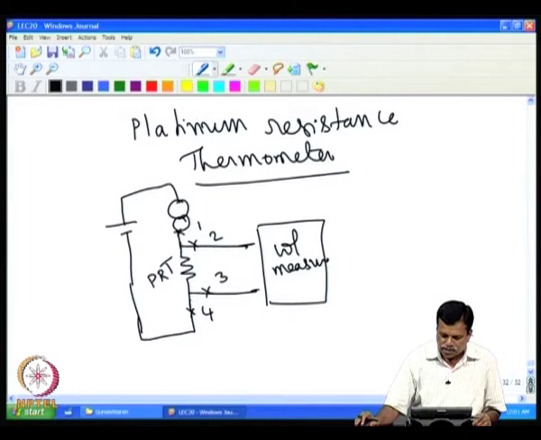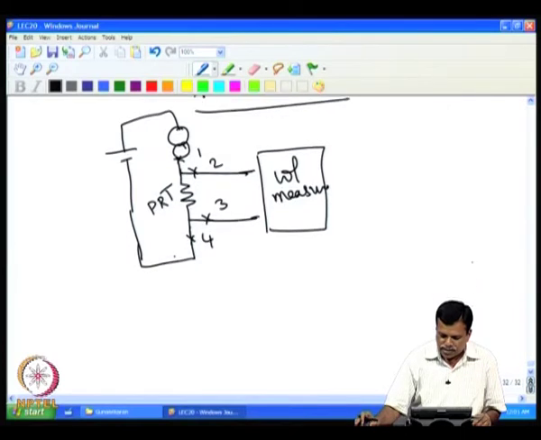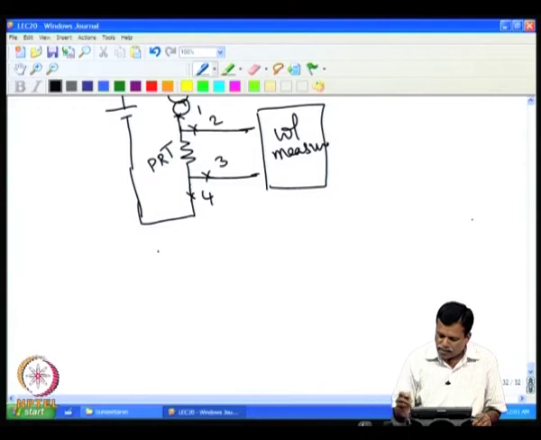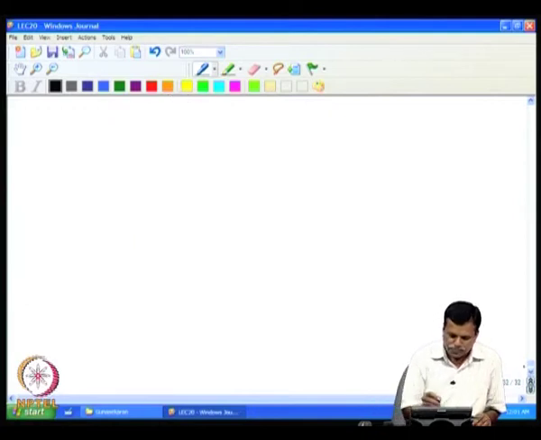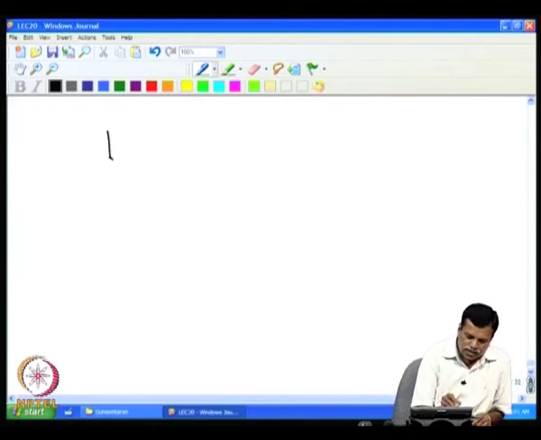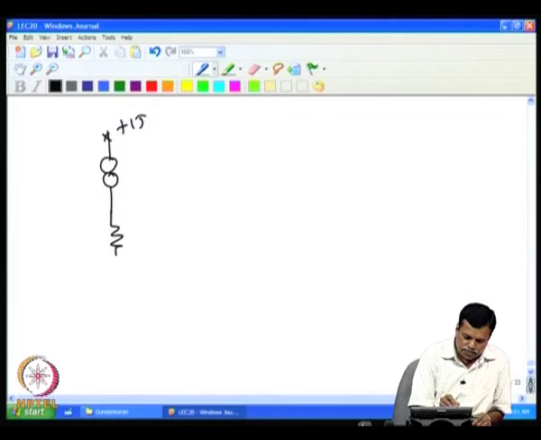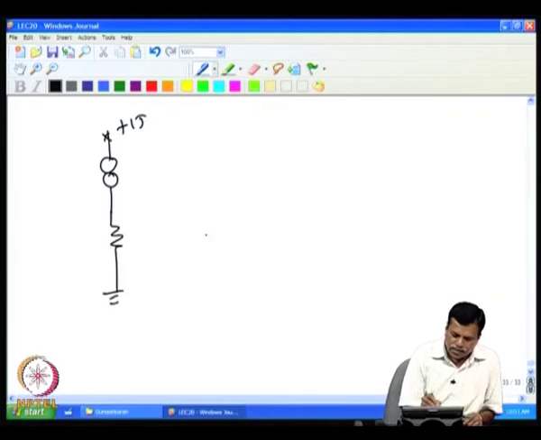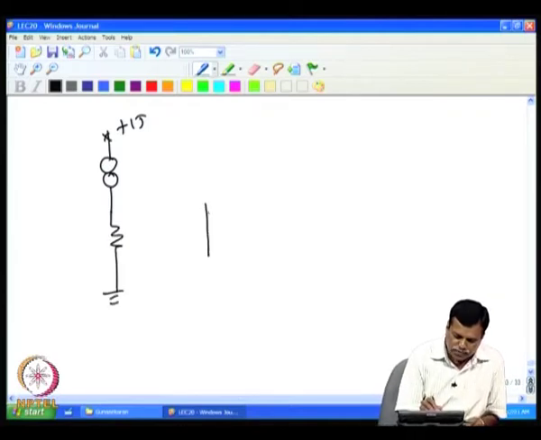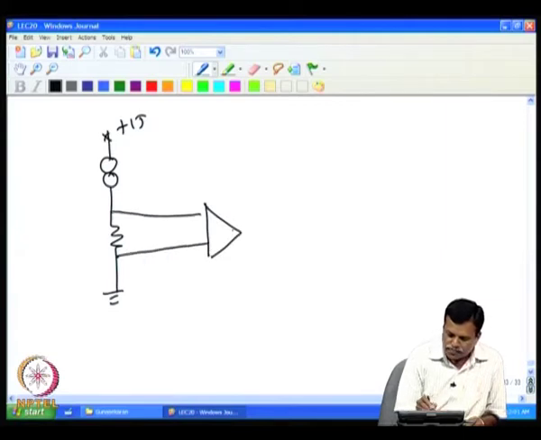In one case I use the PRT and then a simple voltage amplifier. For example, you have the plus 15 volt and then you have the PRT, and this PRT will be connected in a 4-wire method to an instrumentation amplifier. Then the output of the instrumentation amplifier gives you the temperature.